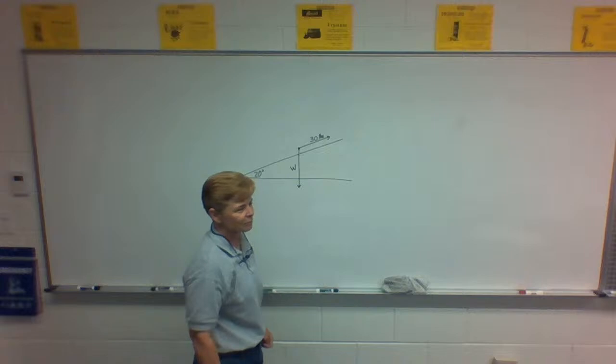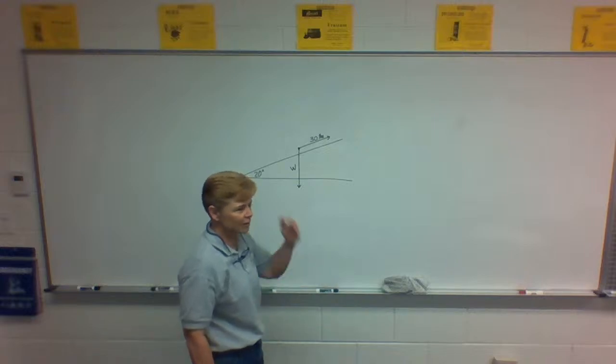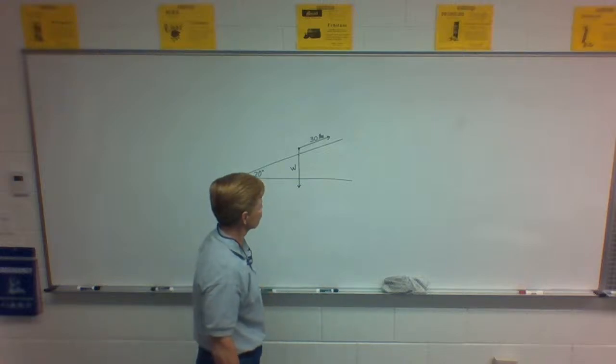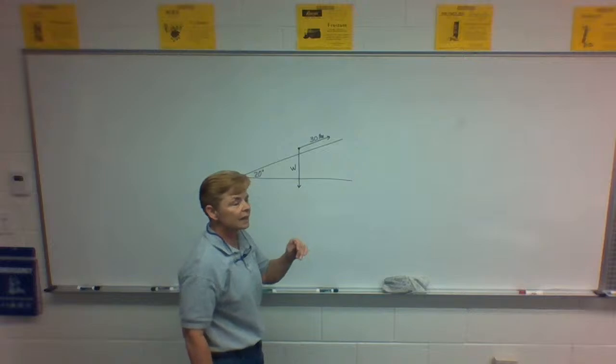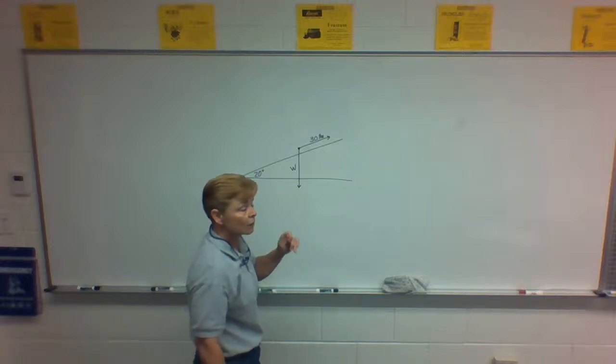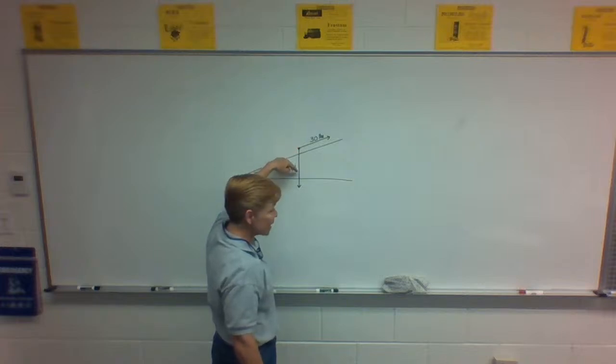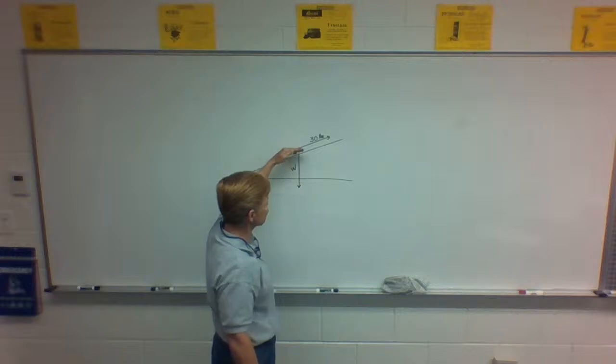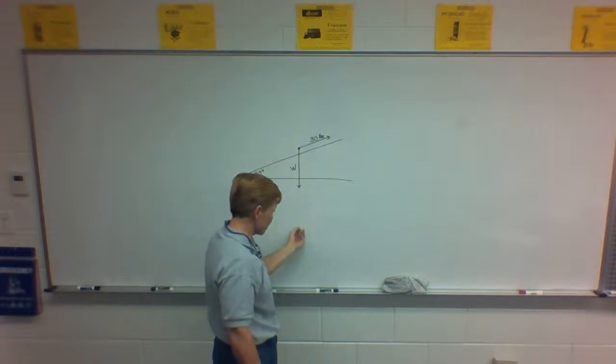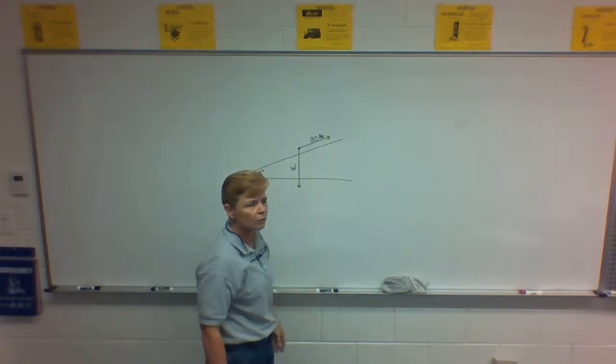Now, here's a tricky one. This is the new thinking that's really bizarre. There is yet another force vector that keeps this box from sinking into the ramp. Because it's being pulled down, right? What the heck is it that keeps it from just being pulled down into the ramp towards the center of the earth forever?